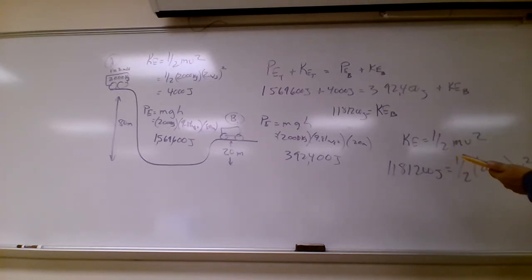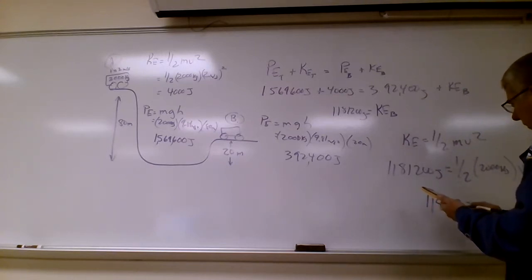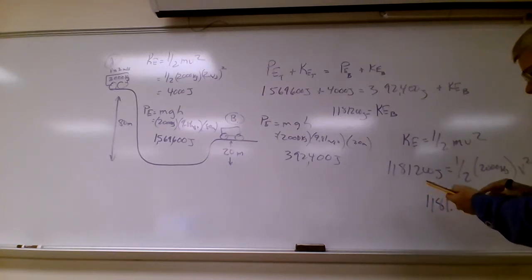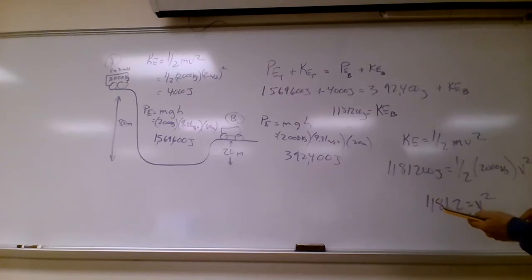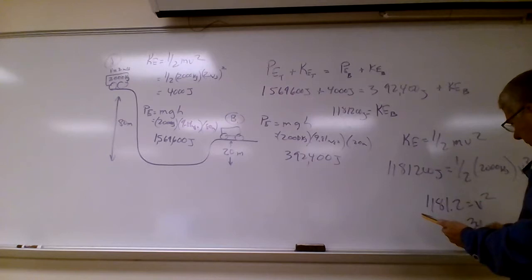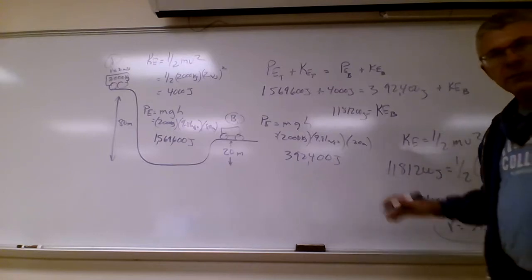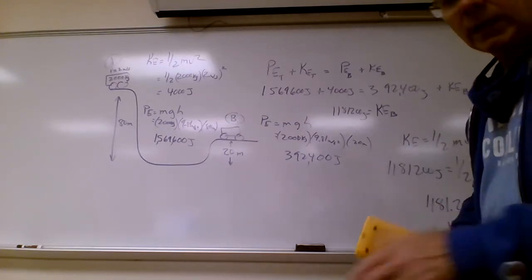So times 2 divided by 2,000 gives us 1181.2 equals v squared. And we square root both sides, and v comes out to be 34.37 meters per second.